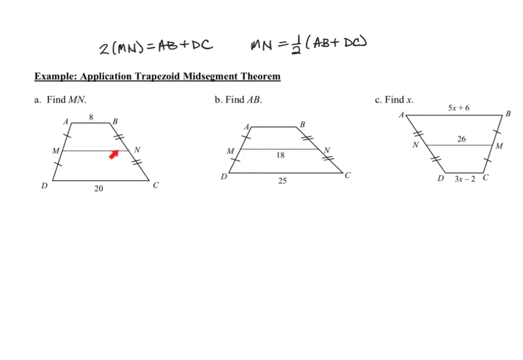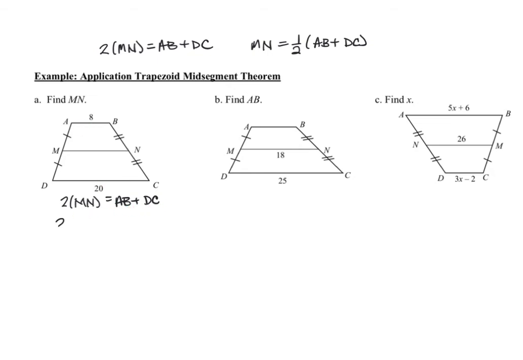We're trying to find the distance of MN. We know that one base is 8 and this base is 12. If I apply my formula for midsegment of a trapezoid, I know that 2 times the midsegment is equal to AB plus DC. So all I have to do is take this information that I know from the problem and substitute it.